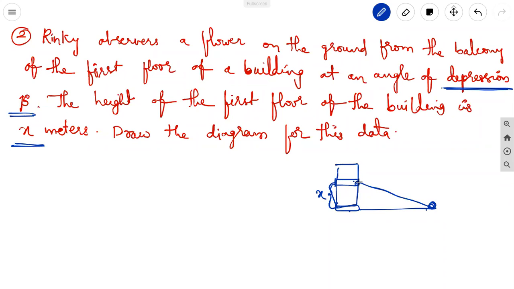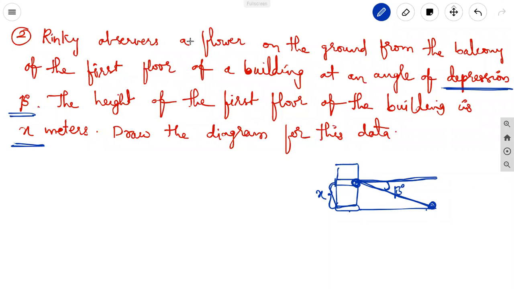But from where Rinky is observing, we can draw the horizontal line. From this horizontal line to that object, the angle is beta degrees. So this is the angle of depression.